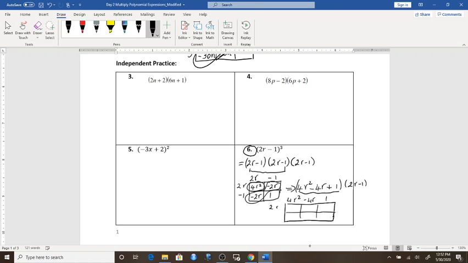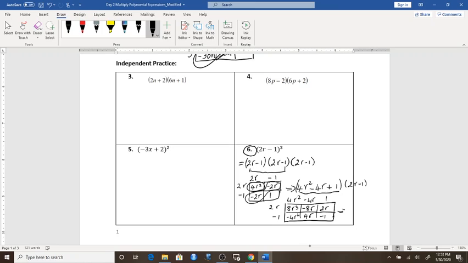And then here I have 2r minus 1. Now we can multiply. 2r times 4r squared is 8r cubed. 2r times negative 4r is negative 8r. 2r times 1 is 2r. Negative 1 times 4r squared is negative 4r squared. Negative 1 times negative 4r is positive 4r. And negative 1 times 1 is negative 1.